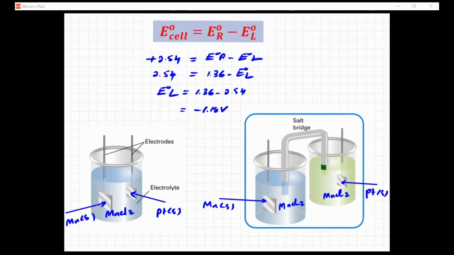This is going to be the correct setup. This is not going to be the correct setup, right?